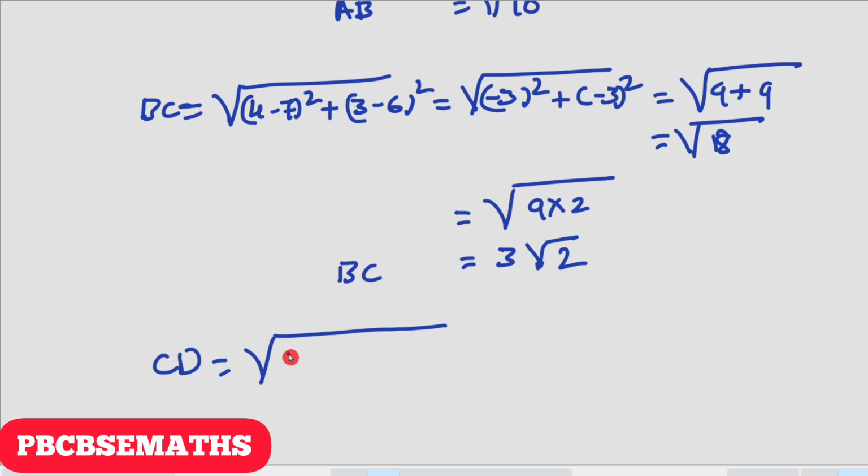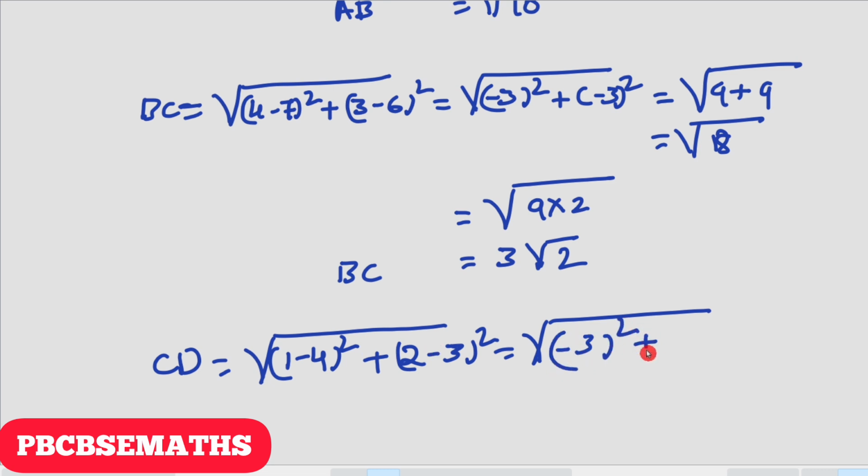Then we have (1 minus 4) whole square plus (2 minus 3) whole square, which is equal to square root of (minus 3) whole square, that is 9, plus (minus 1) whole square, that is 1.